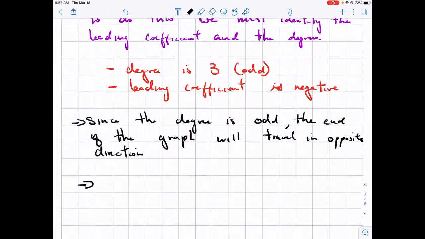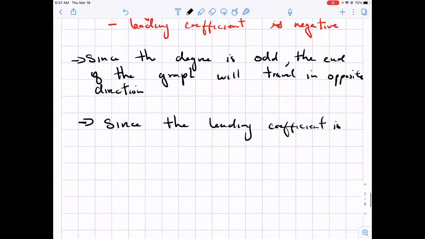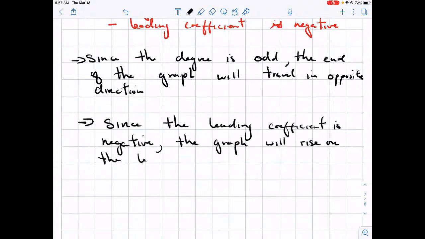And 2, since the leading coefficient is negative, the graph will rise on the left side.